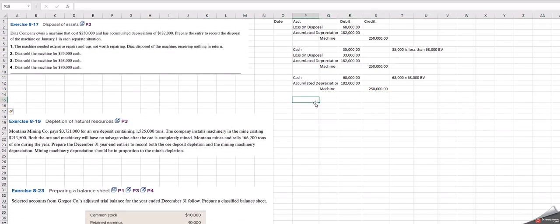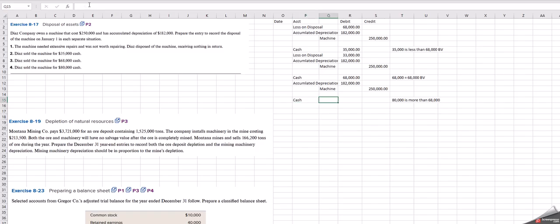Okay. Then the last one now, what if we sell it for $80,000 cash? And that is more than our $68,000. So then now we're going to have a gain.